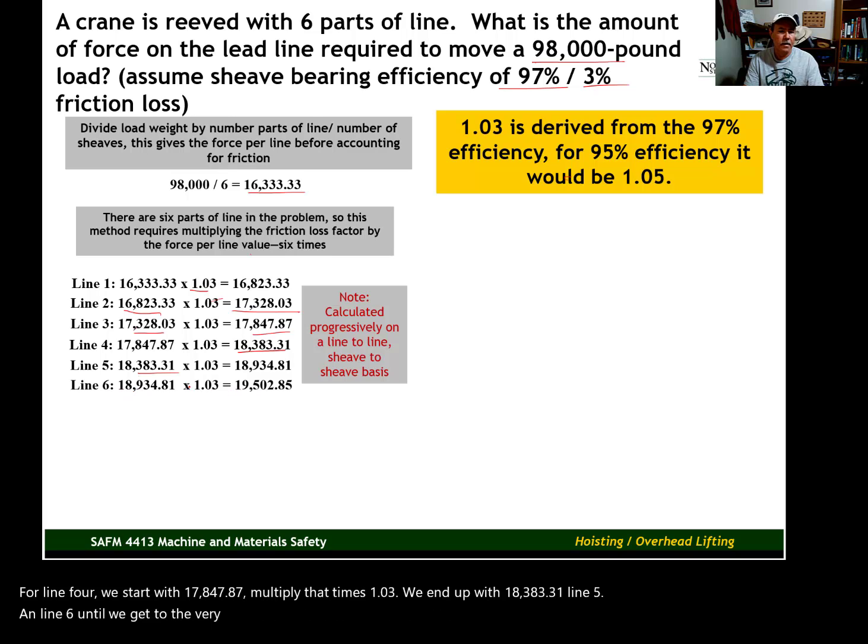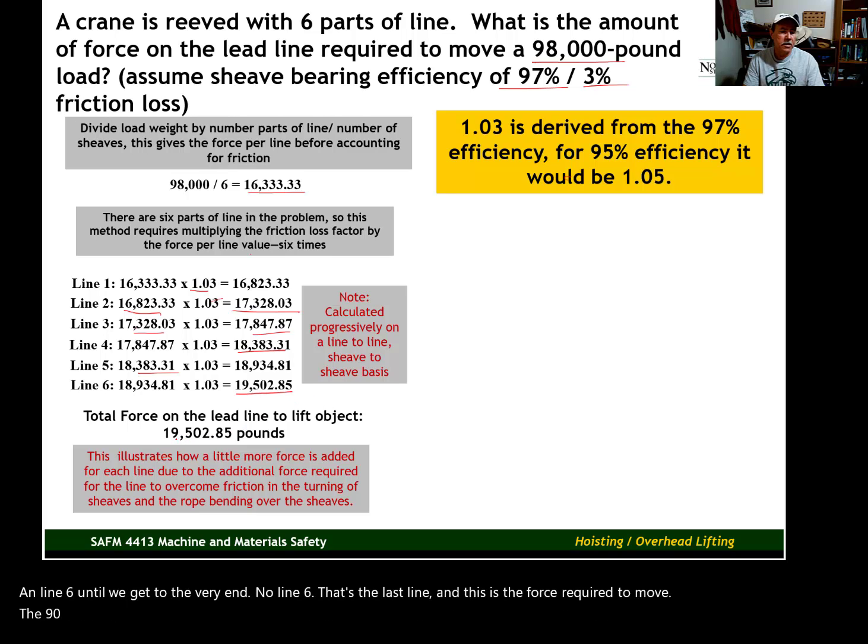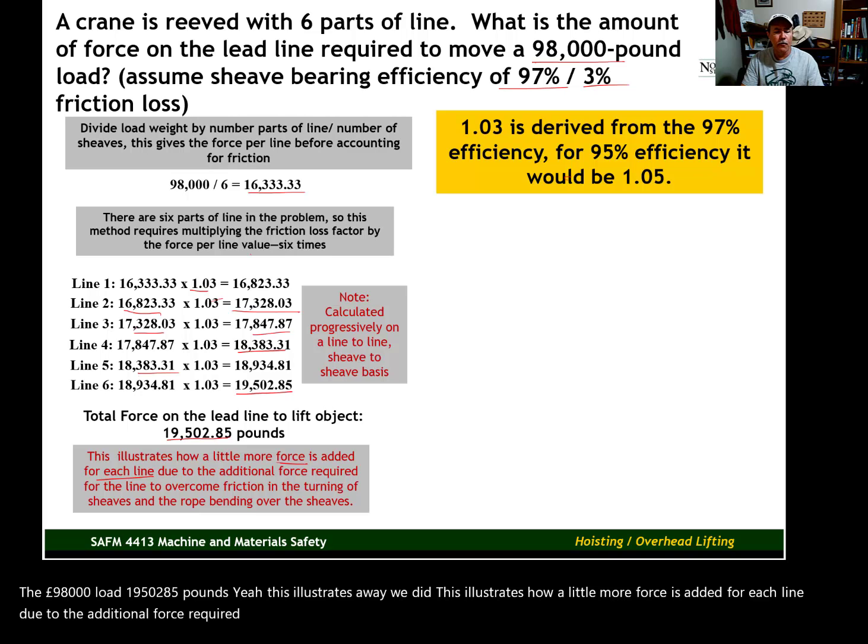Line 6, that's the last line, and this is the force required to move the 98,000 pound load, 19,502.85 pounds. Again, the way we did this illustrates how a little more force is added for each line due to the additional force required for the line to overcome the friction of the bearings turning inside the sheave and the rope bending over the sheaves. But there is a shorter method.